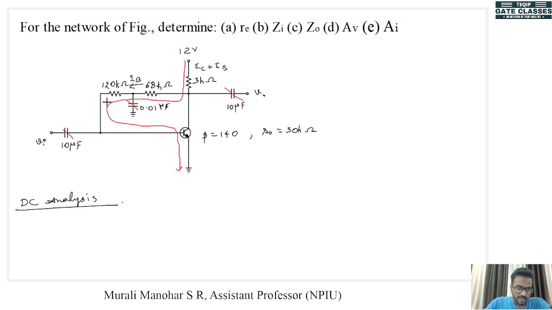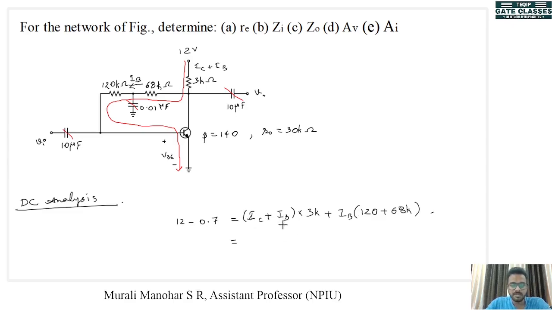If you write the equation for this loop, that is, if you apply KVL in this loop, we will get 12 minus VBE, which is 0.7, is equal to (IC plus IB) into 3K plus IB into (120 plus 68K). Now we know that IC is beta IB.